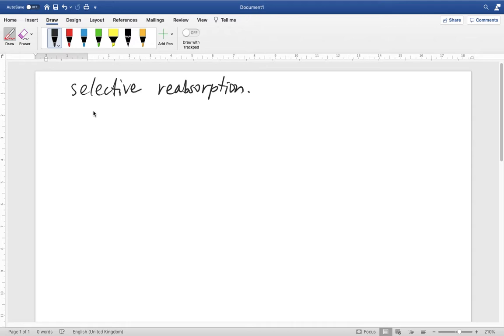And so what you need to be doing at the stage of selective reabsorption is kind of picking and choosing which substances you're going to keep and which substances you're going to leave inside the nephron and therefore get rid of them.